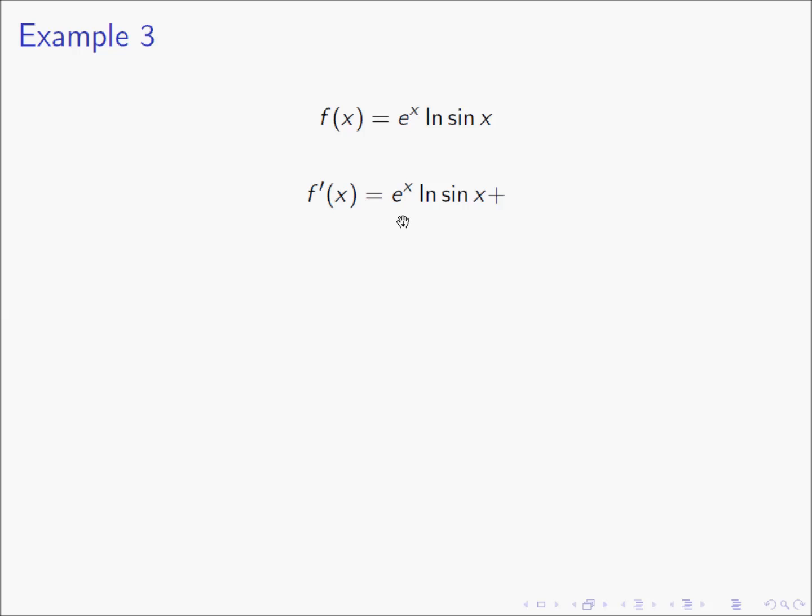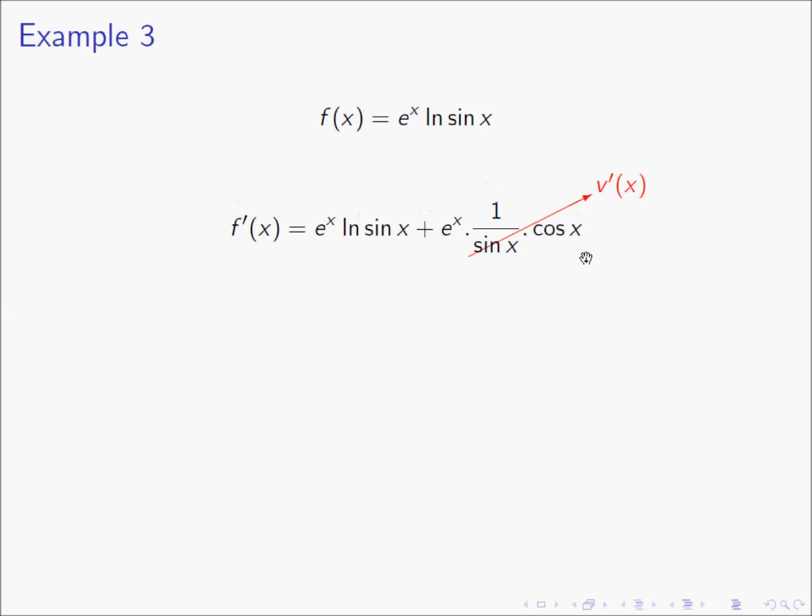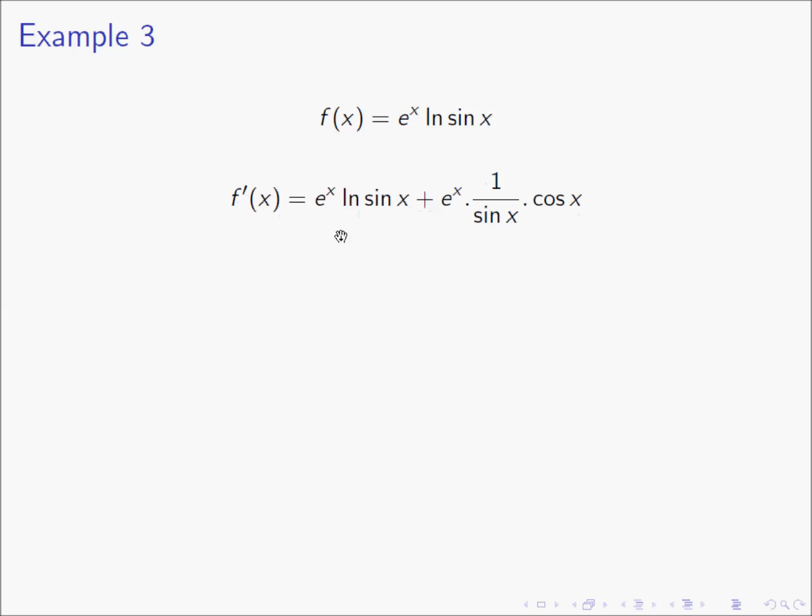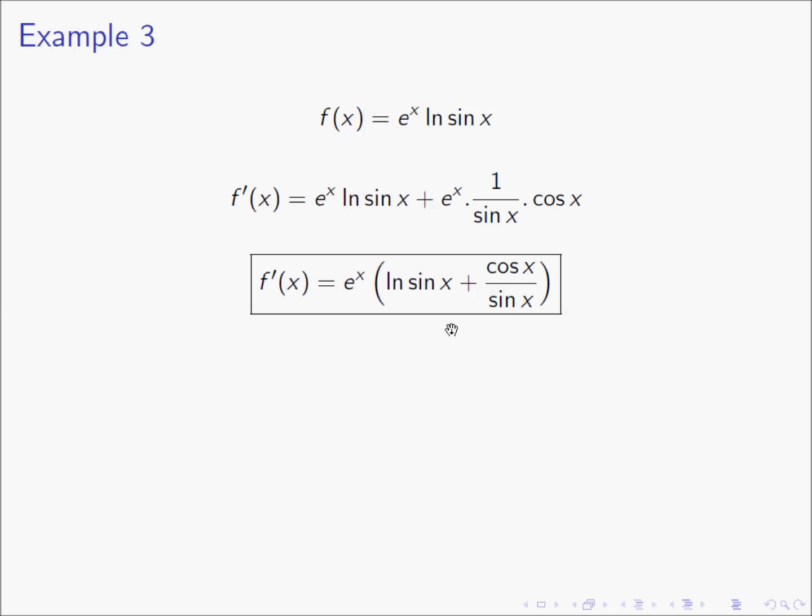Here we have that e to the x is u prime of x, and the natural log of sine of x is v of x, plus e to the x, which is just u of x, and we multiply now by the derivative of this function, that will be 1 over sine of x times cosine of x. Here e to the x is u of x, and this factor is v prime of x. And here we just factor the e to the x, and we get the answer.